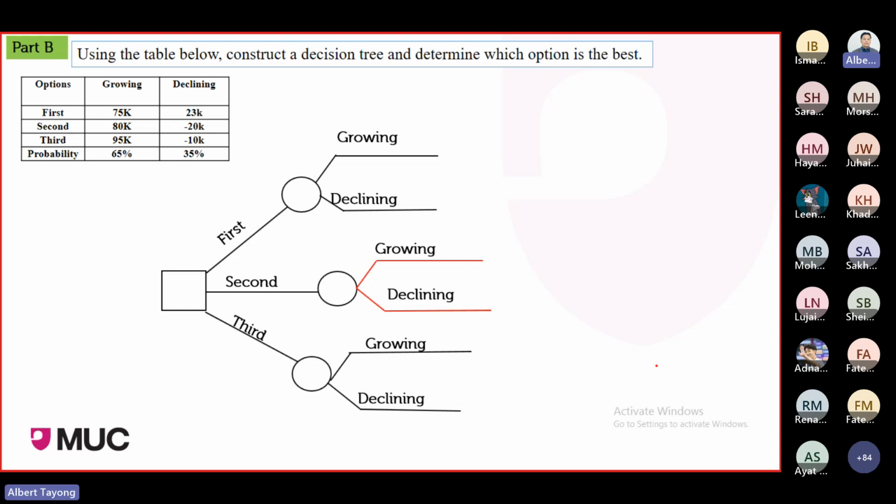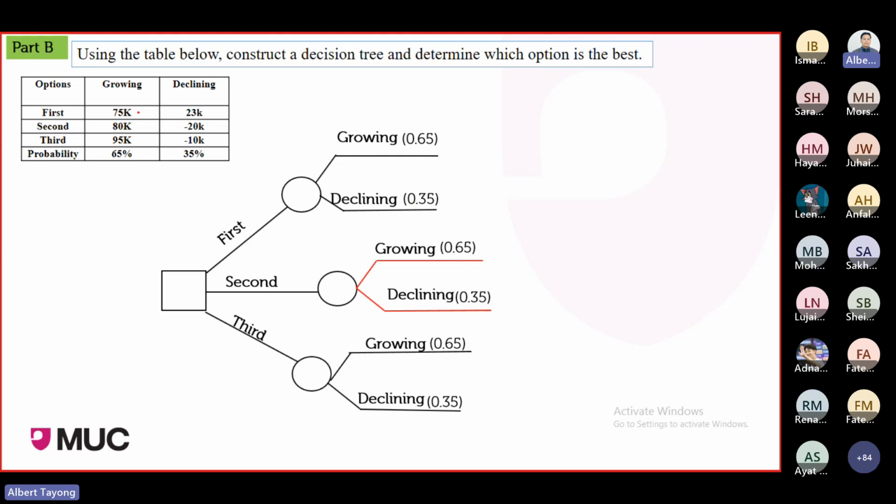And after this, you have to put the percentages or decimals. 65% is 0.65, and this one is 0.35. Here we have, again, 0.65, 0.35, and so on. It's just a copy and paste, right? So let's now look at our table.